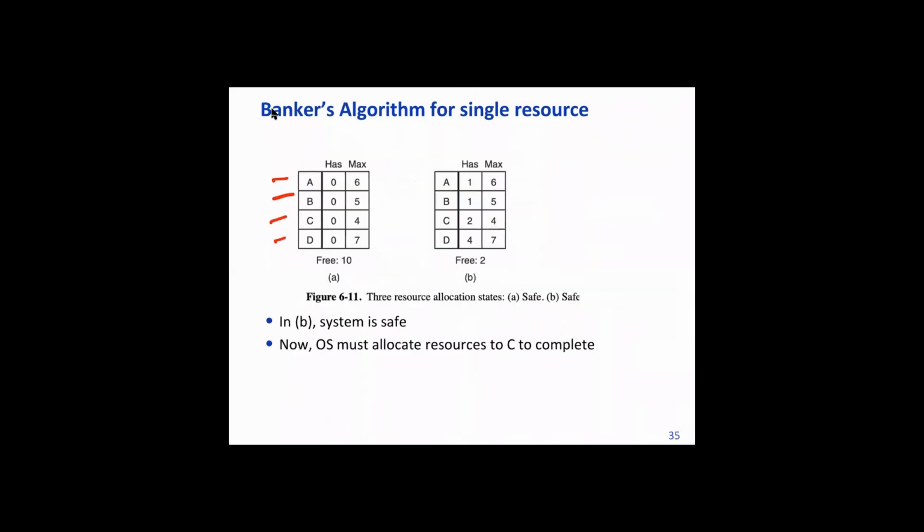A needs 6 units. Or unit you can think of as whatever: 1,000 rupees, or 1 unit could be 1 million rupees. Then 6 units, 5 units, 4 units, and 7. That's their maximum needs. So the maximum need is how much? 11 plus 4, 15 plus 7, 22. But it has only 10 units of resources.